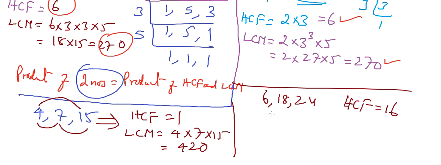Sorry, HCF is 6, not 16. Because if the smallest of the three numbers is a factor of all other numbers, then the smallest number is the HCF.